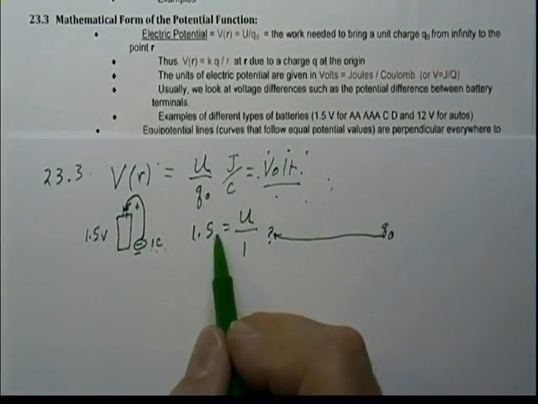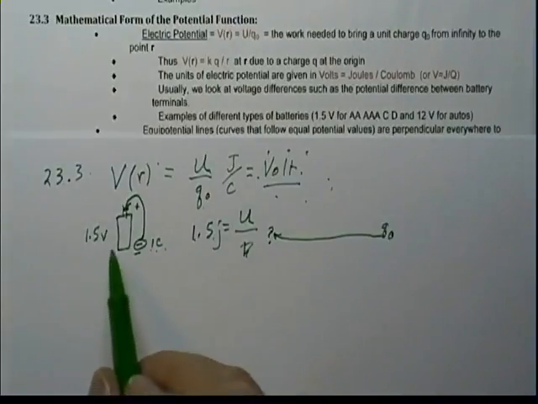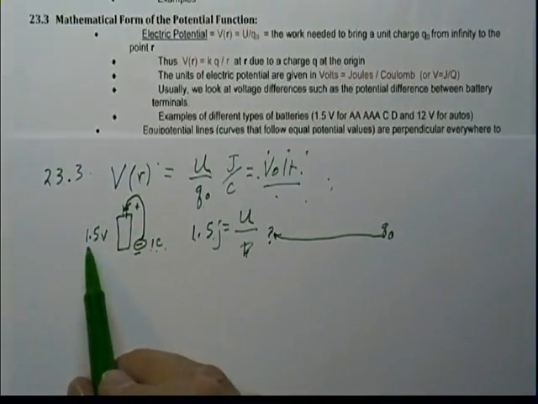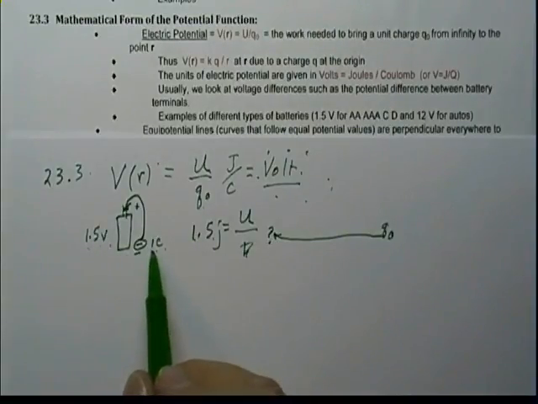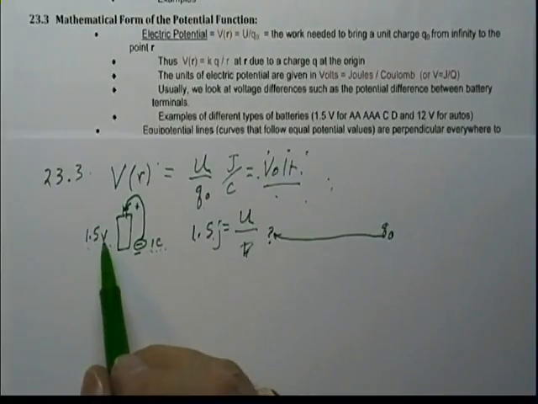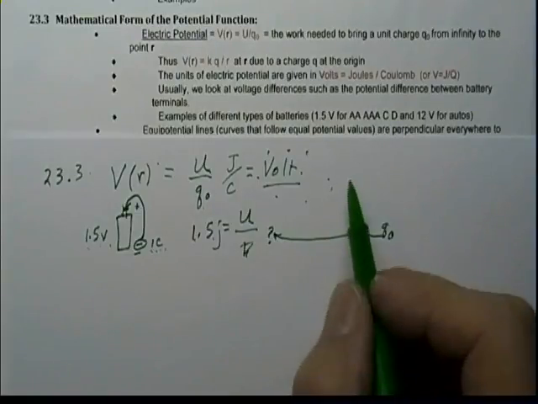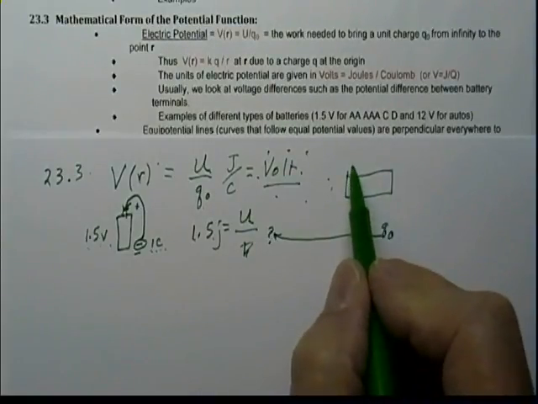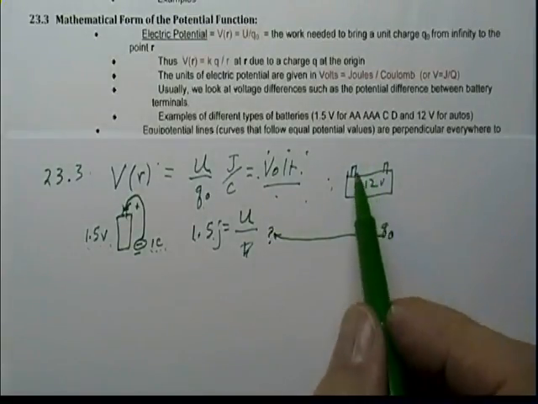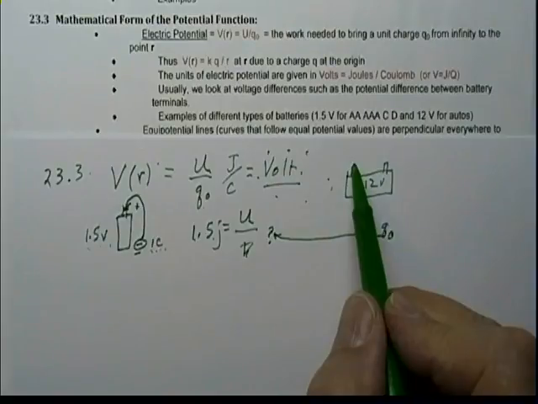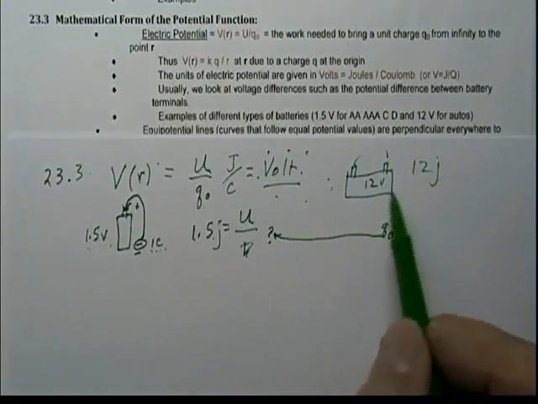So it would take 1.5 joules to do that. In other words, a battery has a voltage of 1.5 volts because it takes, for a 1 coulomb charge, 1.5 joules to move that unit charge from one end to another. If we think of a car battery, which has the two ends like this, and there's a 12 volt difference, then to move a 1 coulomb charge from one battery terminal to the other takes 12 joules.